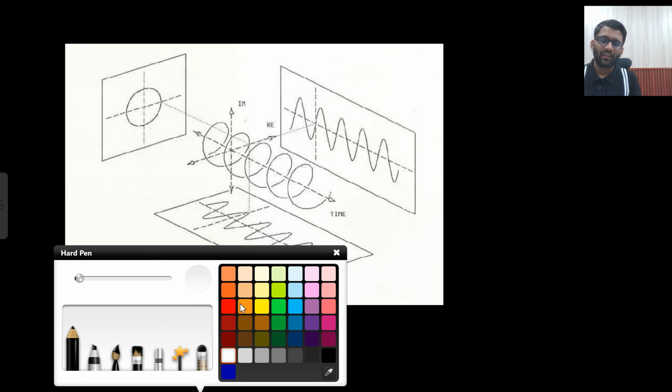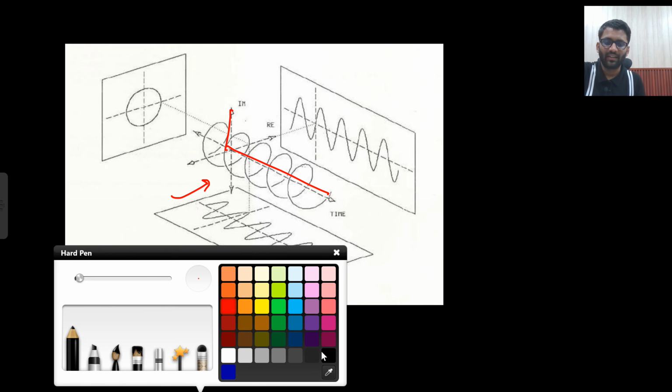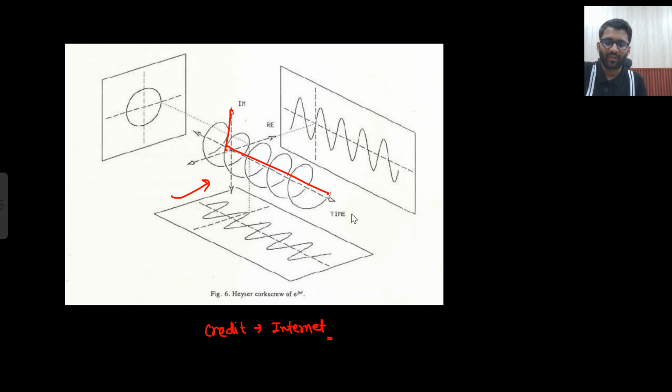And tell me one thing, if I see the imaginary axis and theta, this is not time, this is theta. So if I see from the imaginary axis and theta, what do I see? A sinusoid I will see, right?